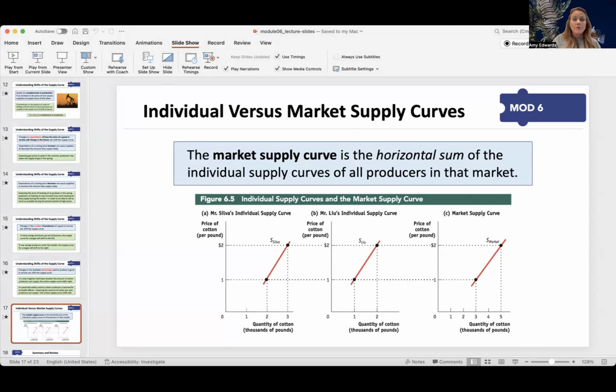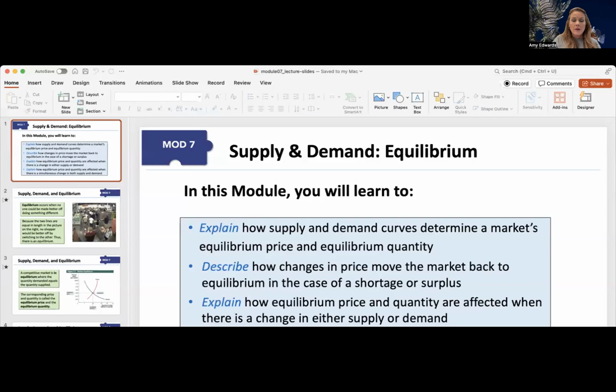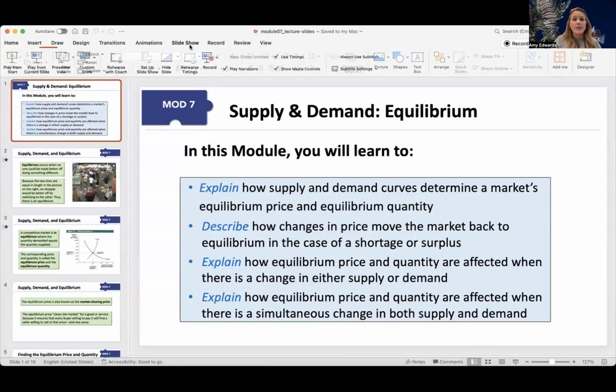Did I put the wrong one? Oops, sorry, I just shared the wrong one. Let me go back and share. Here we go. Okay, so now we're going to do supply and demand equilibrium.